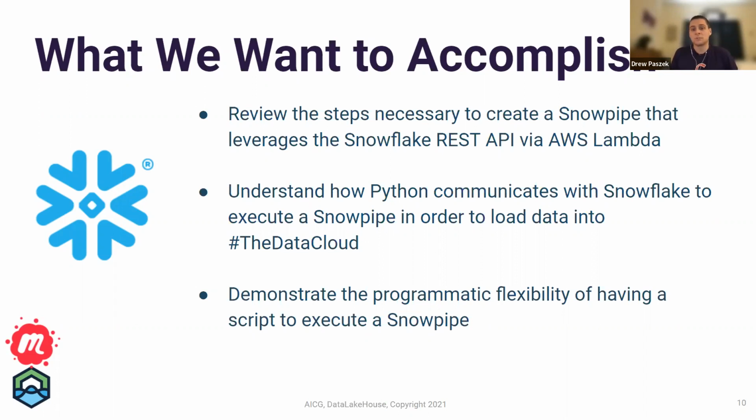In this process, we'll also see how Python communicates with Snowflake, and how it works in executing this whole Snowpipe inside of the AWS Lambda function. And we'll also show you how much flexibility you get with programming in an AWS Lambda function.